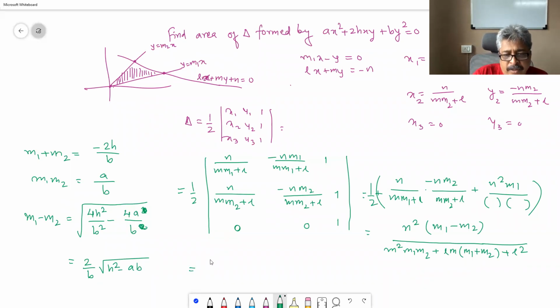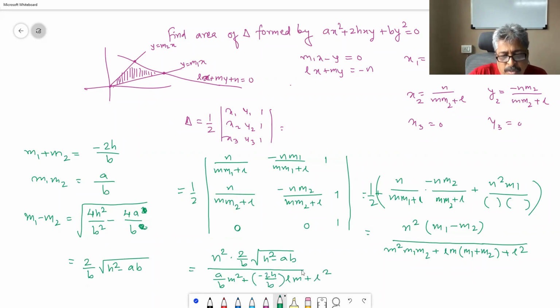Substituting, we get n square into 2 by b radical h square minus ab upon a by b m square plus minus 2h by b lm plus L square.